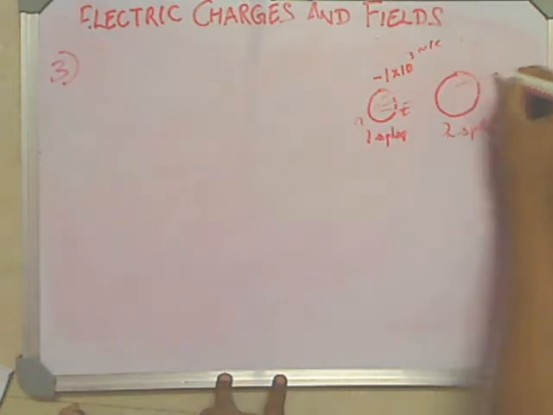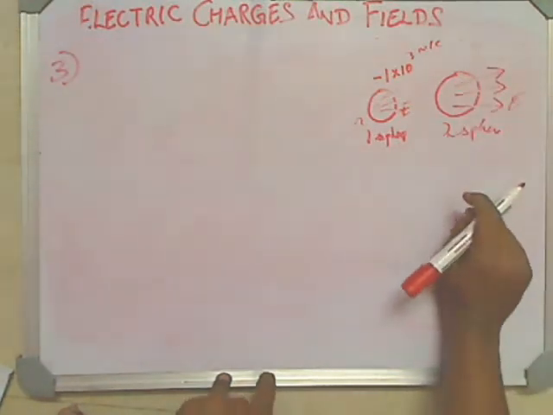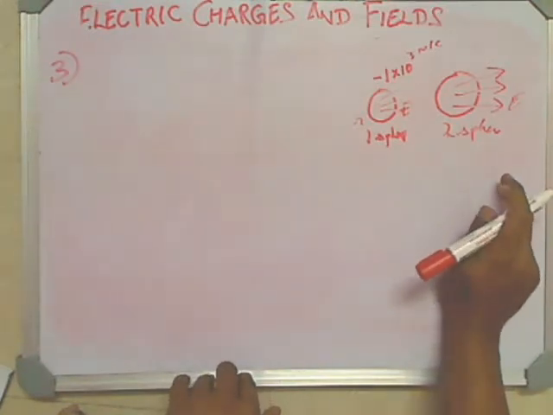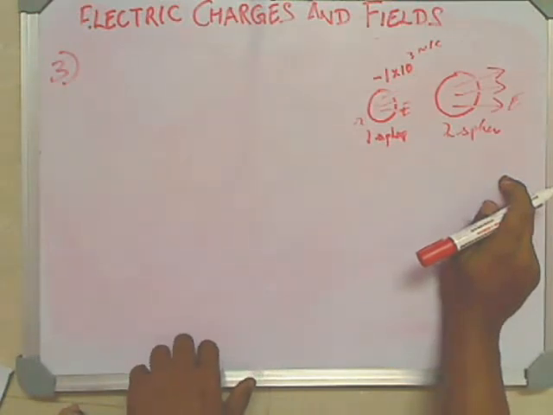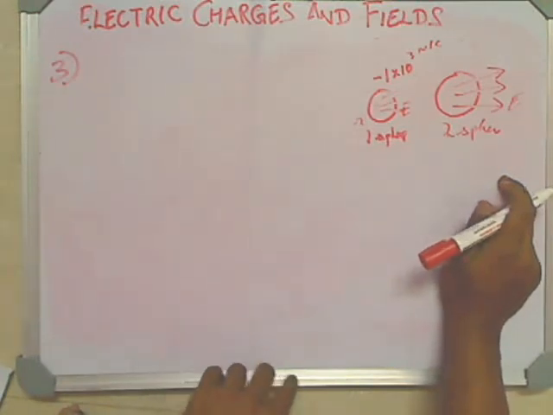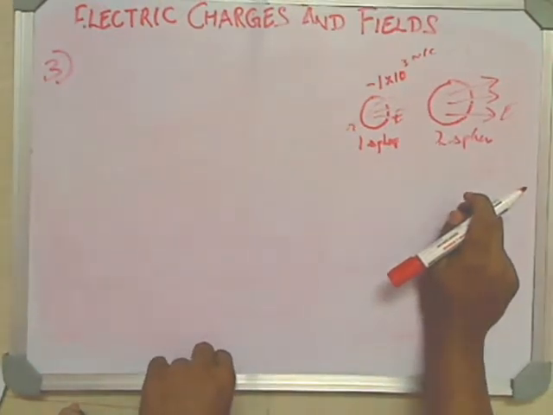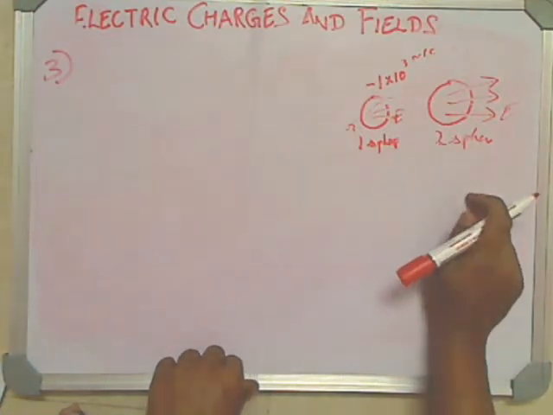Now, this is actually a bit of a trick question, because if the radius of the sphere is doubled, the intensity of the field doesn't increase. The reason I say that is because if you remember the theory that I mentioned a few minutes back, the electric field strength depends on the type of charge.